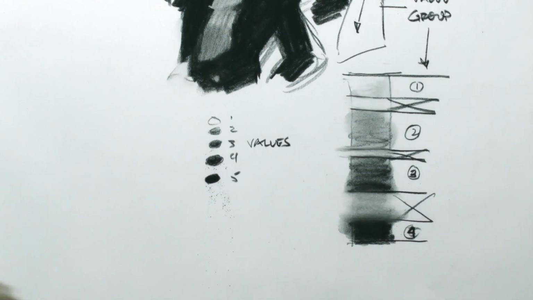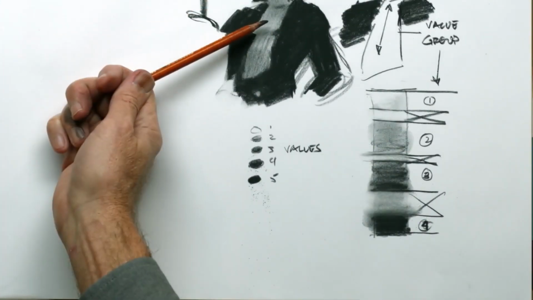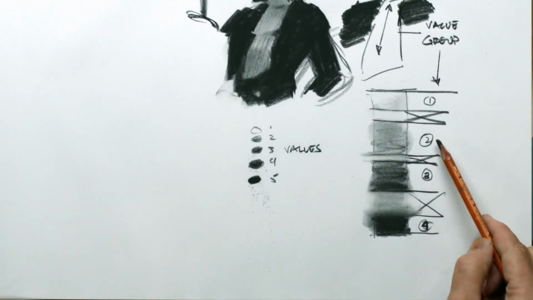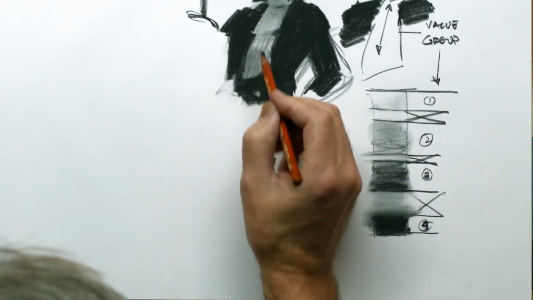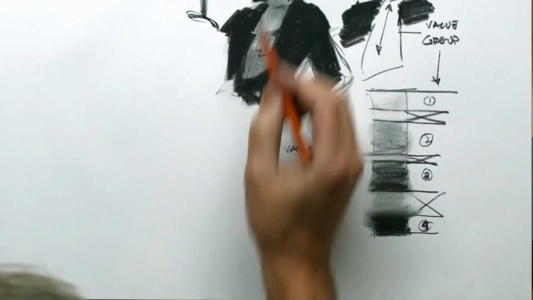So within any image, like in this little diagram, I might have 4 distinct value ranges. They're not individual values. They're value ranges. That would explain how I could get this. This might be my value 2, for instance. This might be what I've depicted here as 2, and this might be 3.